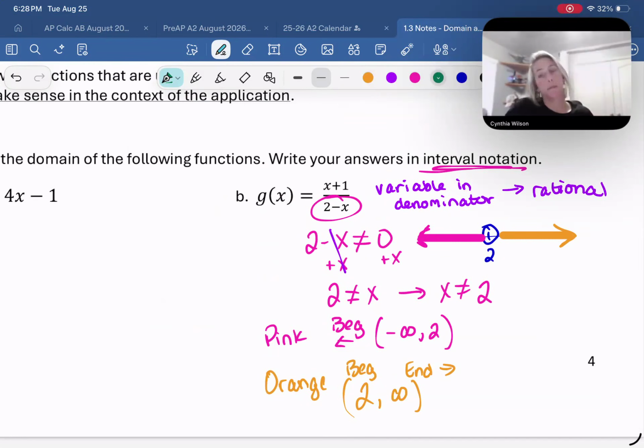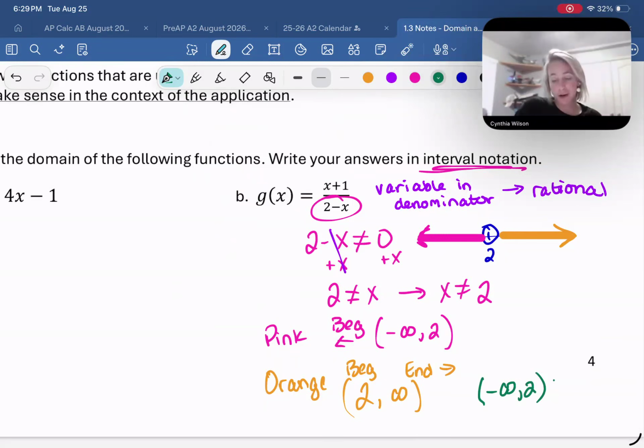All right, now, I don't know how they're going to have you do it in Lumen, but the final answer, you want to do it down here in green. The pink interval goes first because it was the left. So negative infinity to 2.